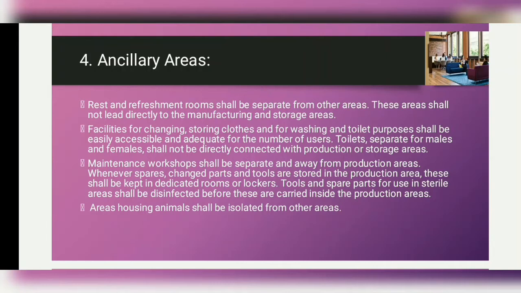Separate toilets for males and females, which are not directly connected with production area, should be present. Maintenance workshop must be separate and away from production area. And area housing animals must be isolated from other areas. So this is the GMP requirement for ancillary area.